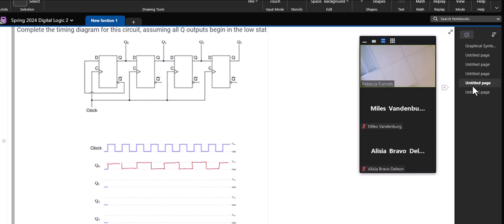And then Q1 is going to lag behind by 1 from Q0 because it can't change immediately as Q0 changes, because Q0 takes a little bit of time. So it's going to be just like Q0 but lagging behind by 1.